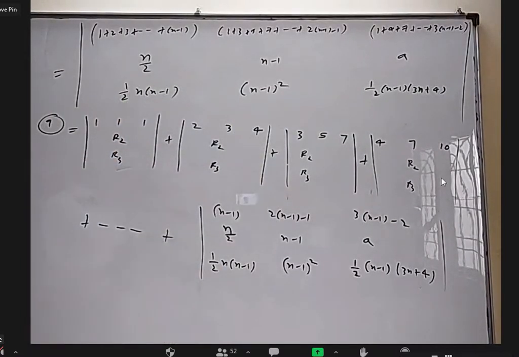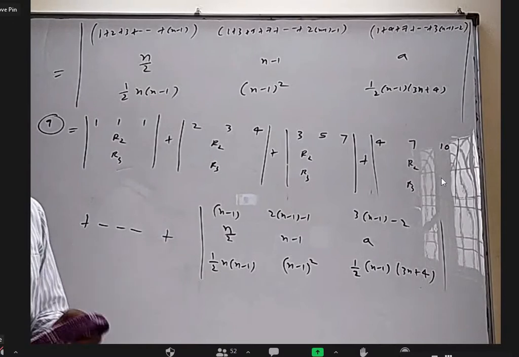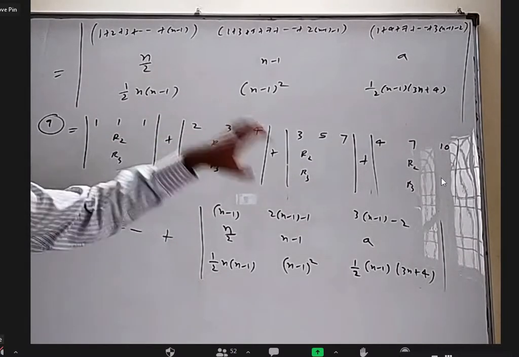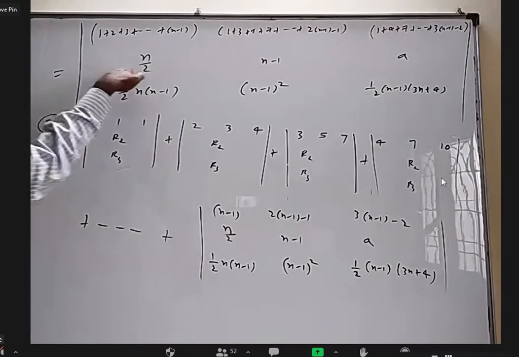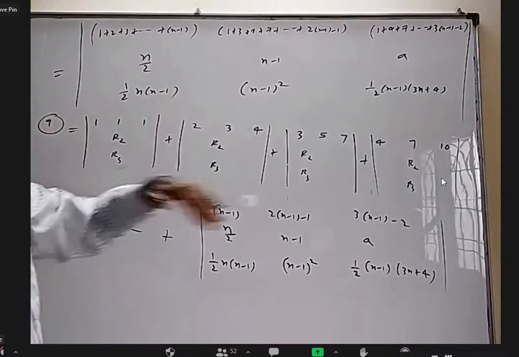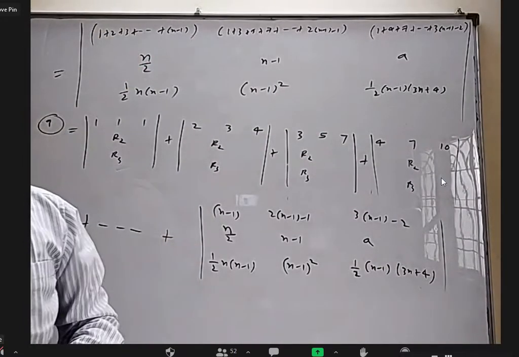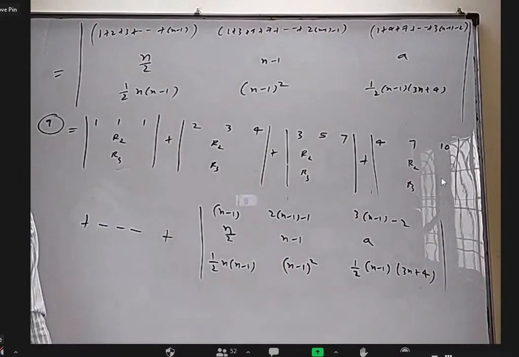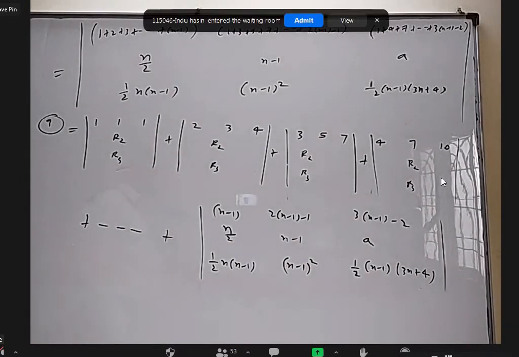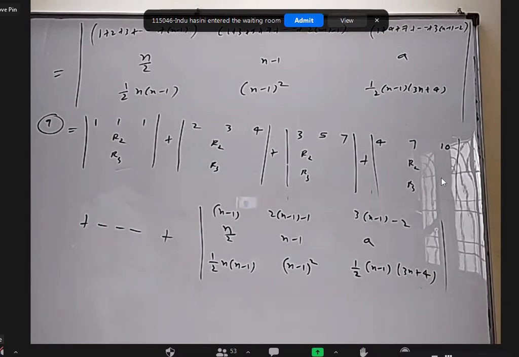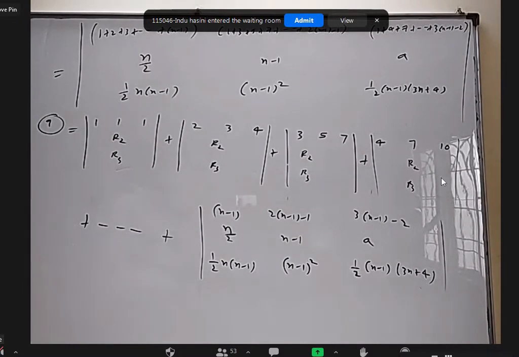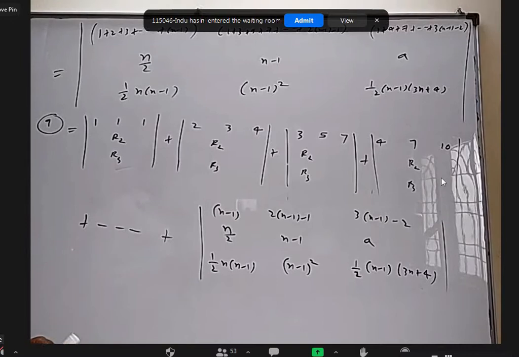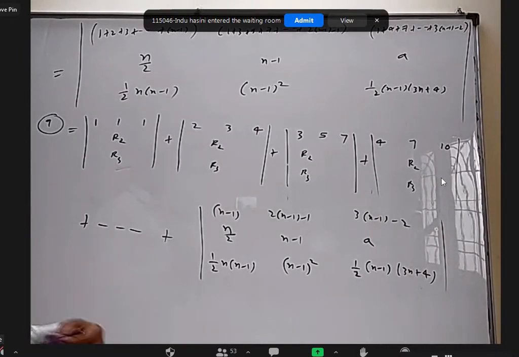Okay. So main point is when I expanded the sigma, I got sum of many determinants. All of them have same second row, same third row. Then I could add the first rows. Anybody any doubt about this step? Sir, that means if we want to add two or more matrices, then at least two rows or columns should be equal.